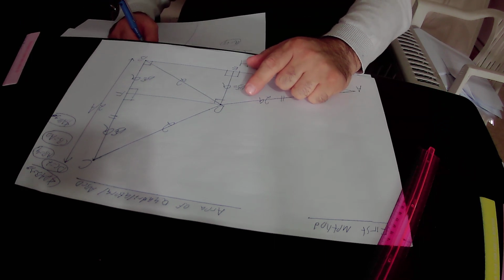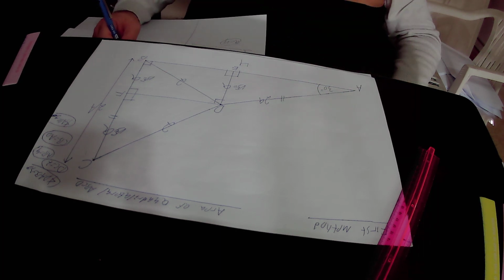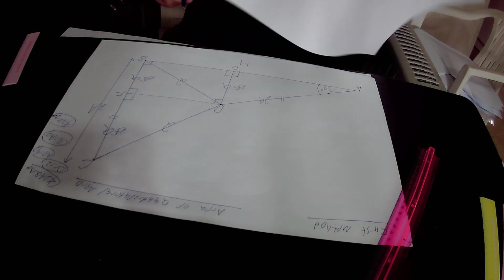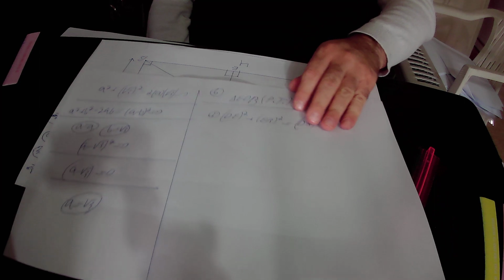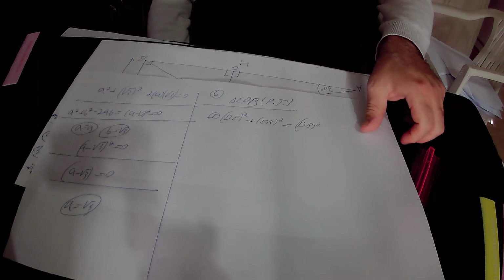That is to say, DE square plus EB square equals DB square. I repeat again, according to equation number 1 and Pythagoras theorem, DE square plus EB square equals DB square.